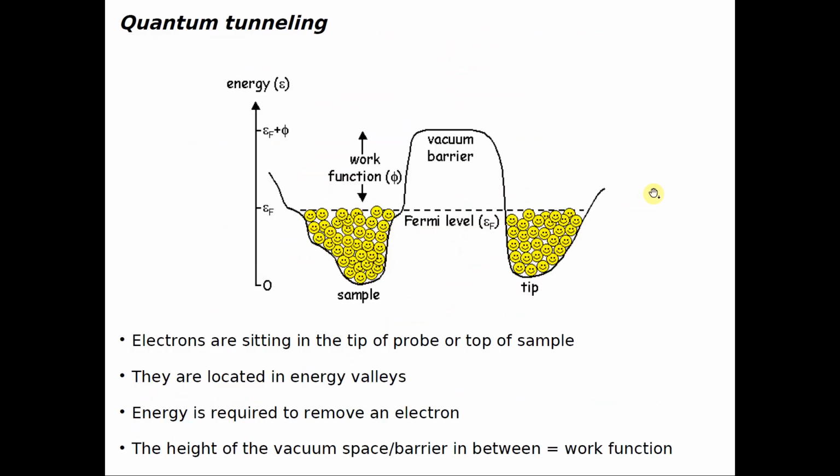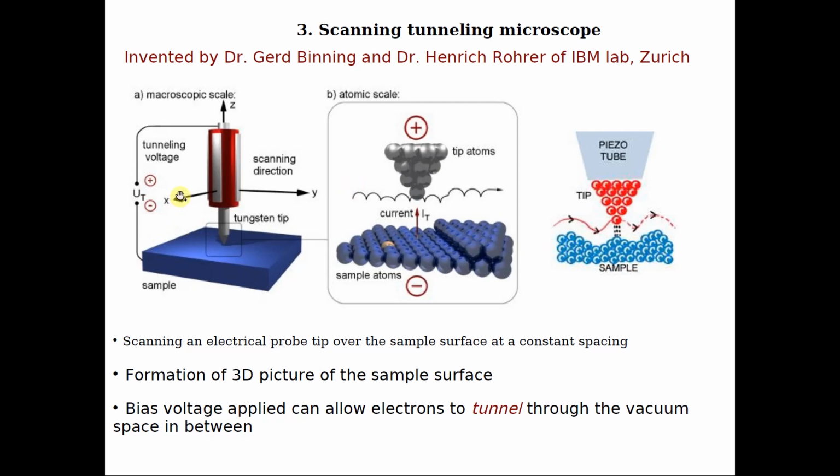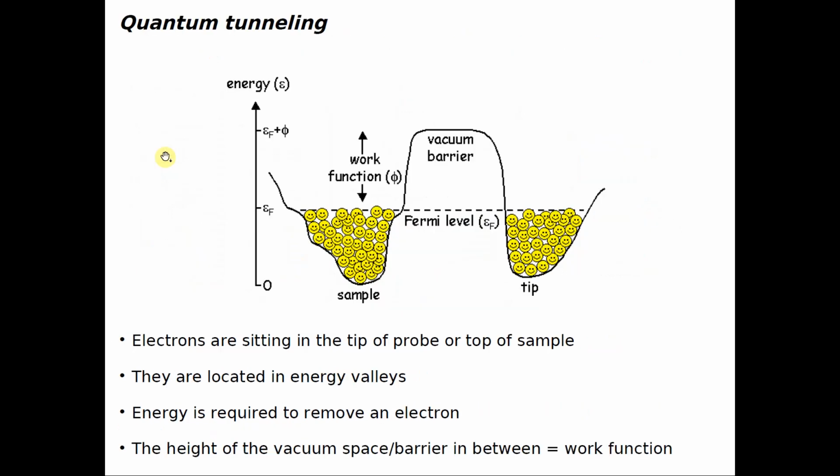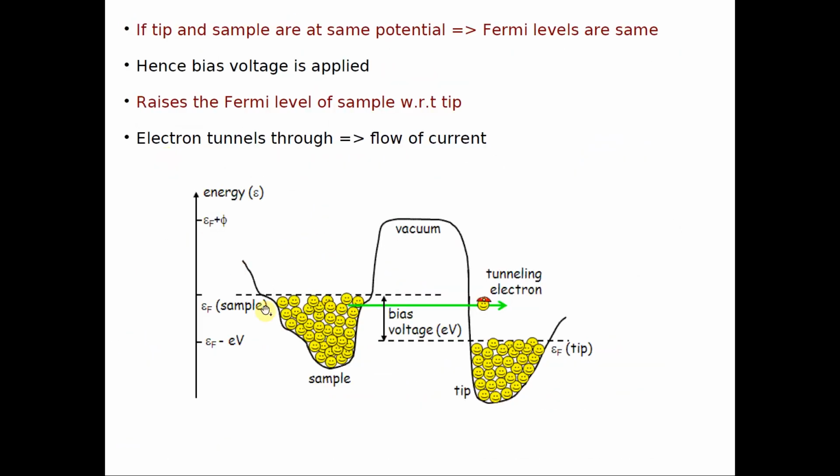So you need to bring the energy level of the tip downward. How do we do that? For that we apply the tunneling voltage, which is also called the bias voltage. You apply a tunneling voltage and the energy level of the tip drops down by however much energy corresponds to the bias voltage applied.